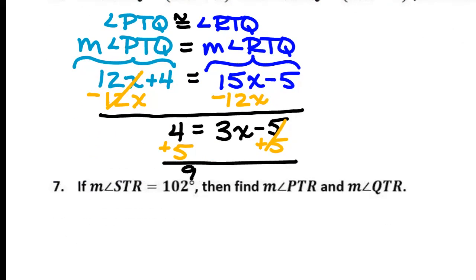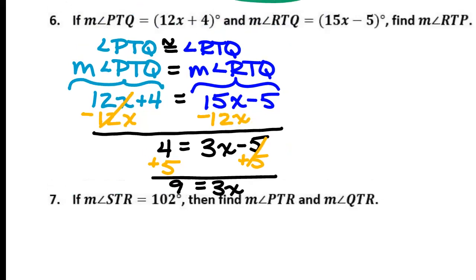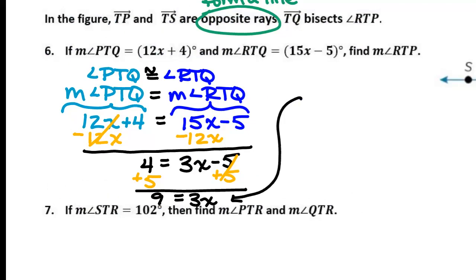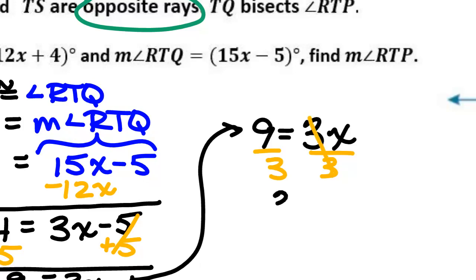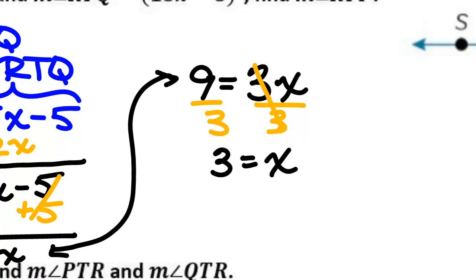So I have 9 equals 3x. Ran out of room. Let's bring that around here. Then we divide both sides by 3. So x is equal to 3. Do I stop there? No, why not? Yeah, it says find RTP.